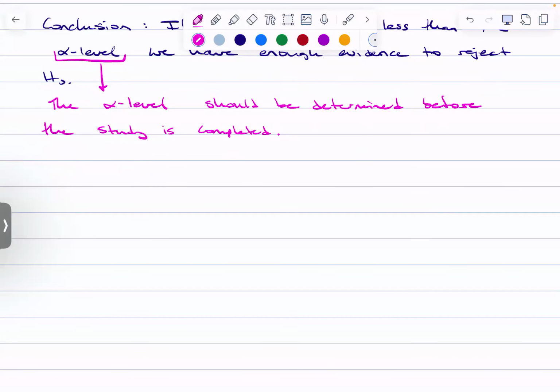And so the alpha level is a level where we would be comfortable rejecting H naught even if we shouldn't, when H naught is true, and is a level at which we are okay with making a mistake, an error, or a decision error.